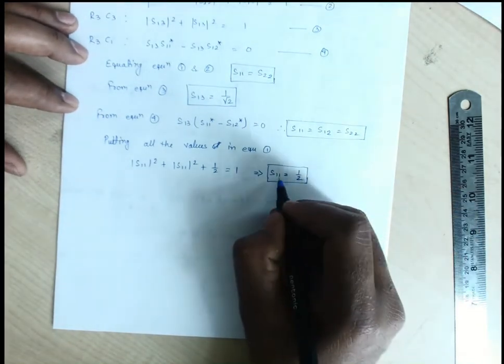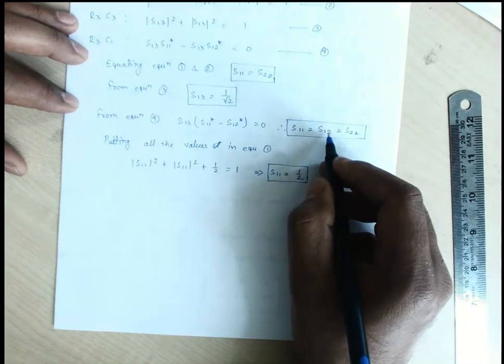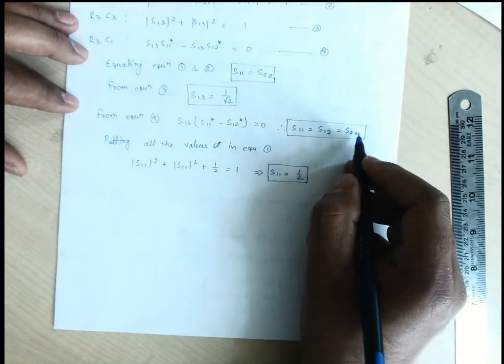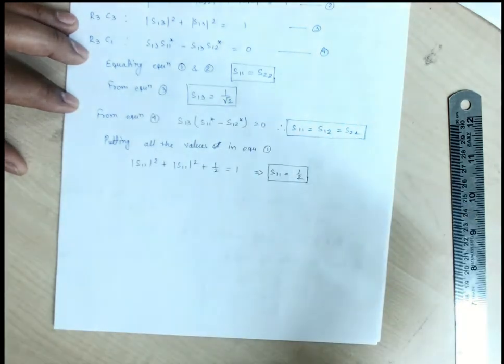So once we are having S11, we can have S of 12, we can have S of 22. S of 13 we have already derived.